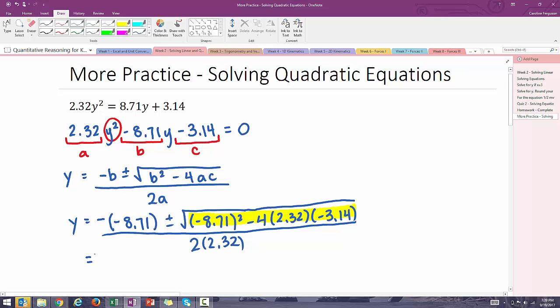I'm just going to simplify a little bit. Negative times negative 8.71 gives me positive 8.71 because two negatives multiplied by each other give me a positive. Plus or minus the square root of the number that I just got on my calculator, 105.0033, all over 2 times 2.32. So when I type that up, I get 4.64.